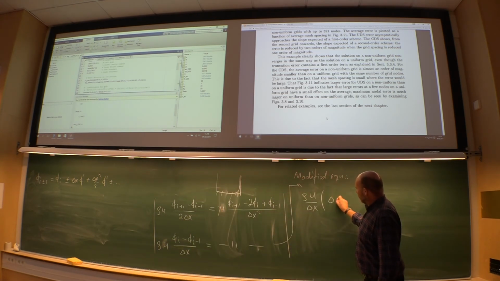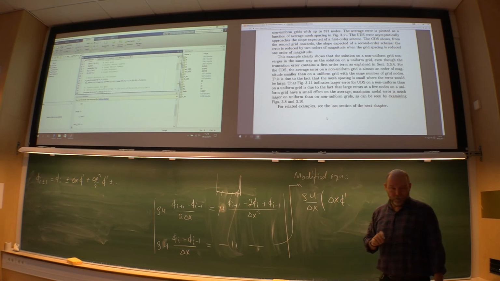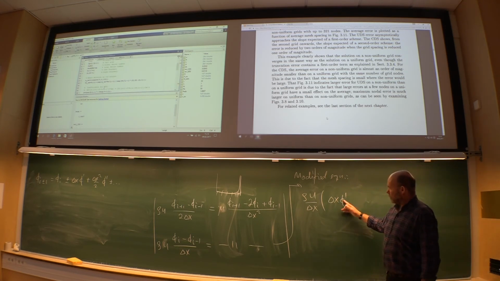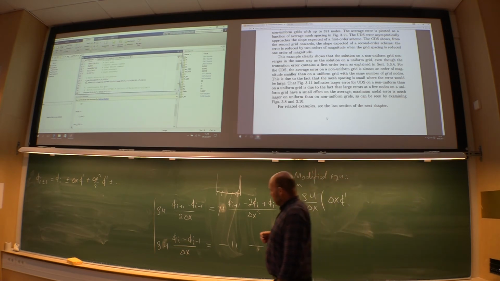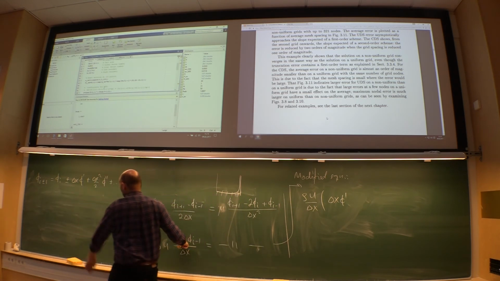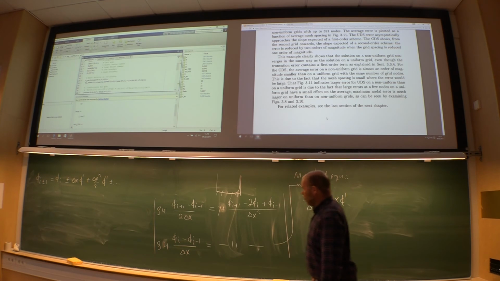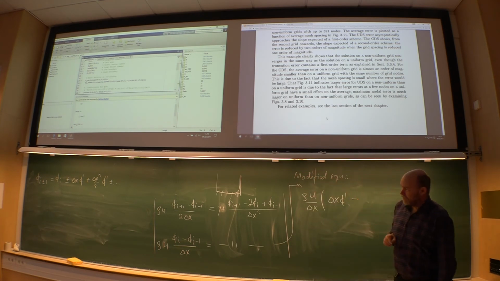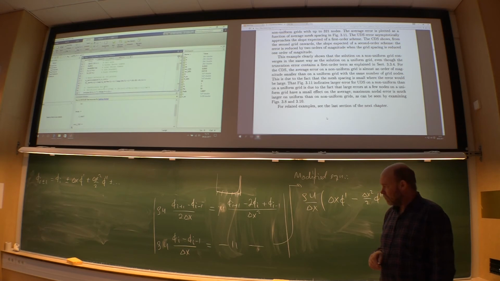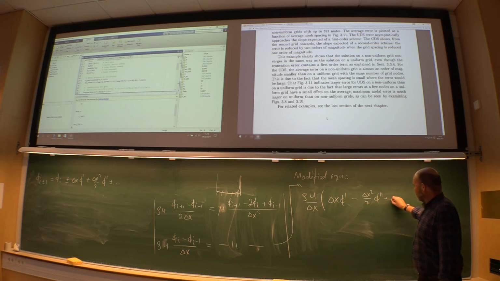So then we will have a delta x and a phi derivative. Of course, here we will get the original equation back, so that's nice. The next one, minus, but here is plus. So that will now be something negative. And here should read delta x square half phi double derivative. And then even higher order terms.